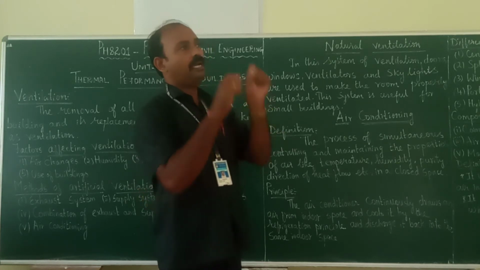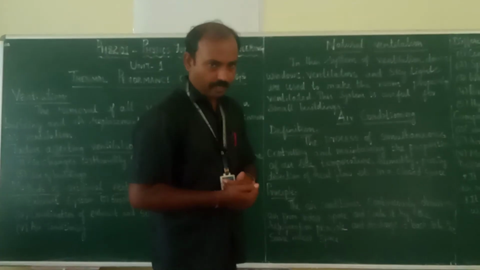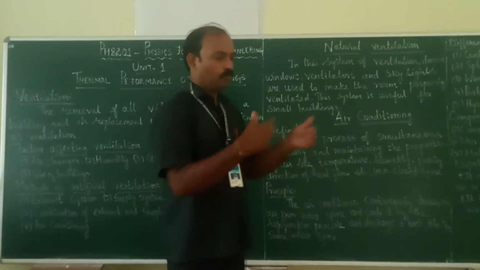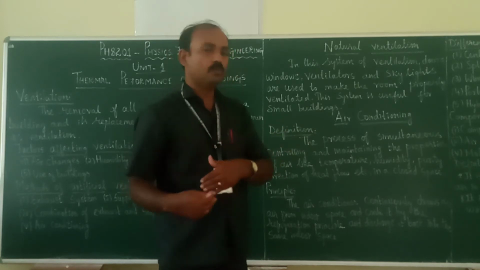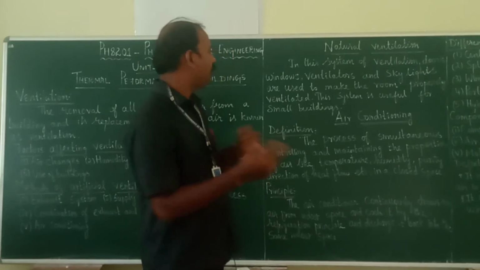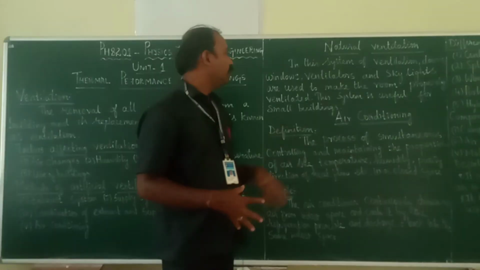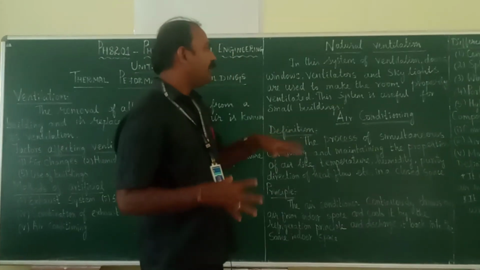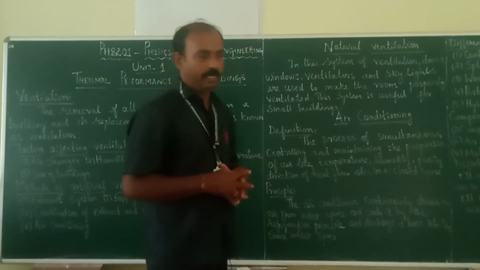In addition, windows also act as ventilators, transferring air from the room to outside and from the surroundings into the room. In this system of ventilation, doors, windows, ventilators and skylights are used to make a room properly ventilated.